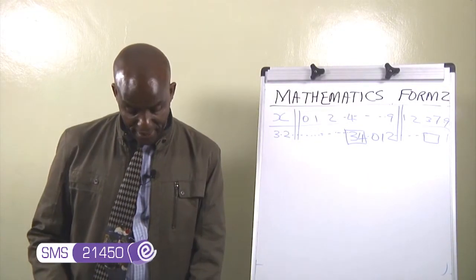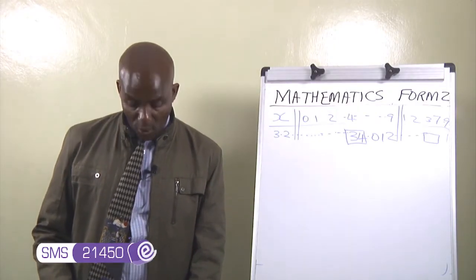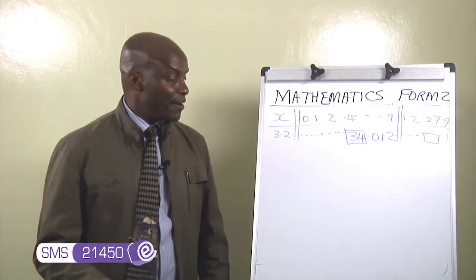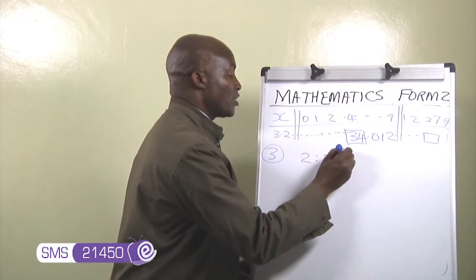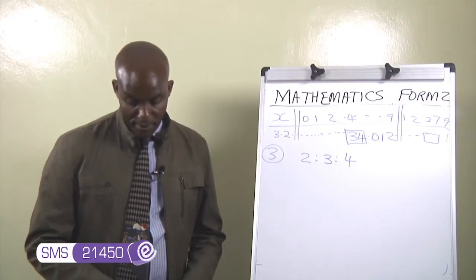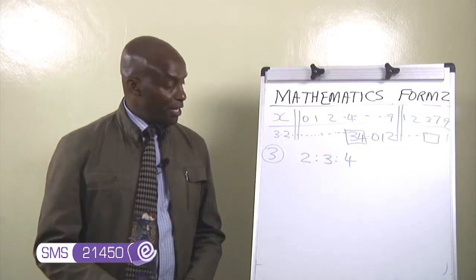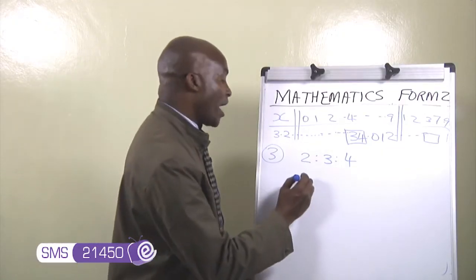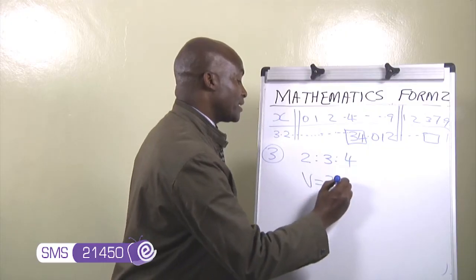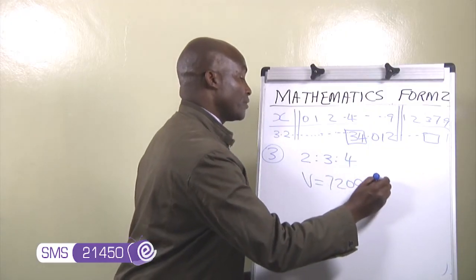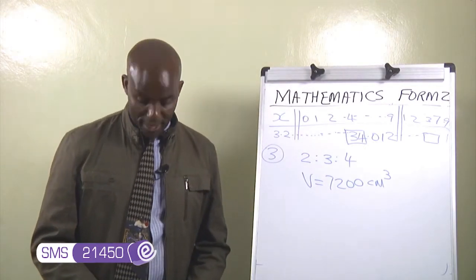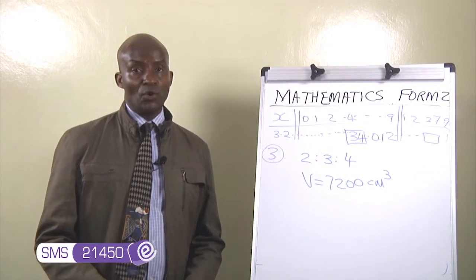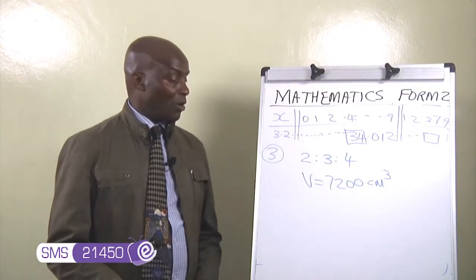In this third example, the sides of a cuboid are in the ratio 2 to 3 to 4. The volume of the cuboid is 7,200 centimeters cubed. You are told to find the sides of the cuboid.